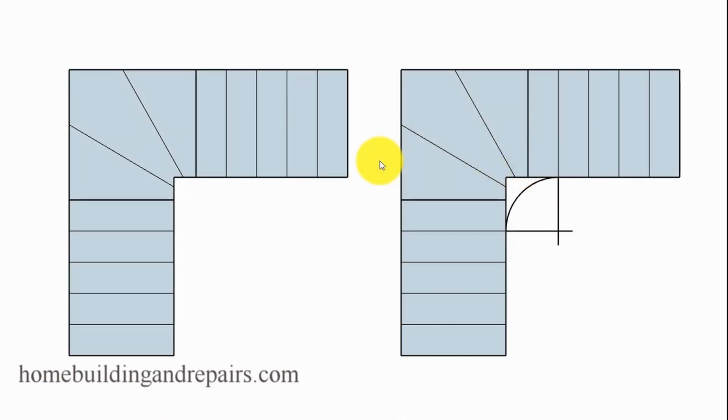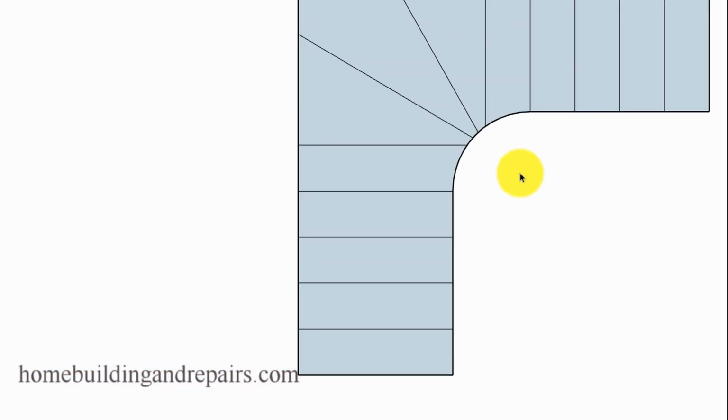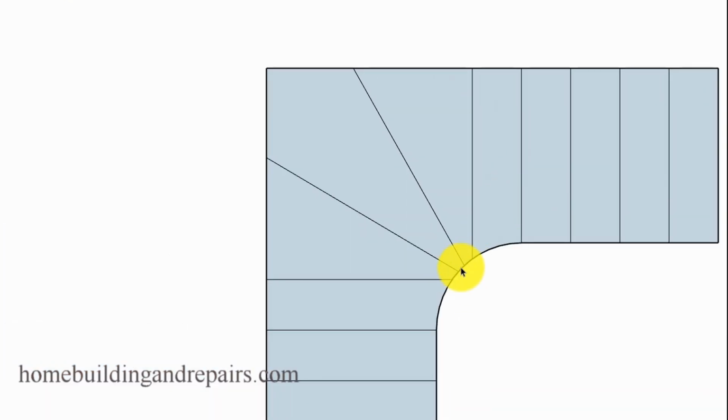And in our last example here, I wanted to give you an idea of what might happen to the winder steps at the farthest point on the inside when you go with a longer curve. And of course, you're going to lose the minimum here. So instead of having 6 inches, we end up with about 2 inches, if that.